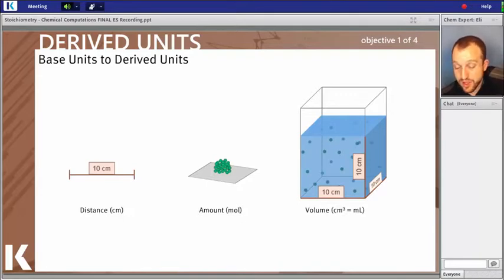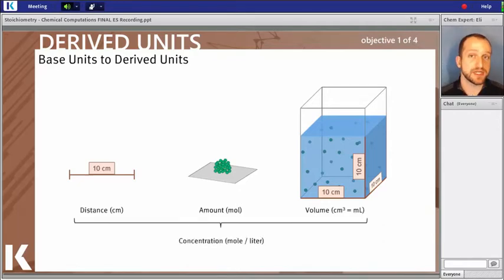And that means I have 1 mole per this nice 10 centimeter, 10 centimeter, 10 centimeter cube, which happens to be a liter. That is exactly 1 liter, or 1,000 milliliters, of water. So this gives me a mole per liter. Perfect. That's concentration. Done.